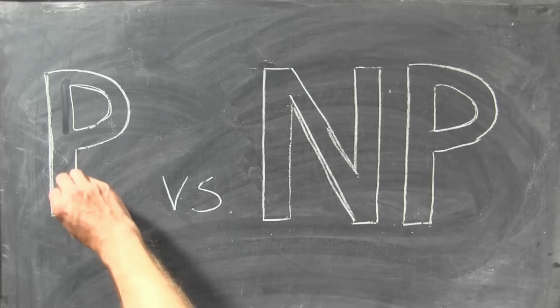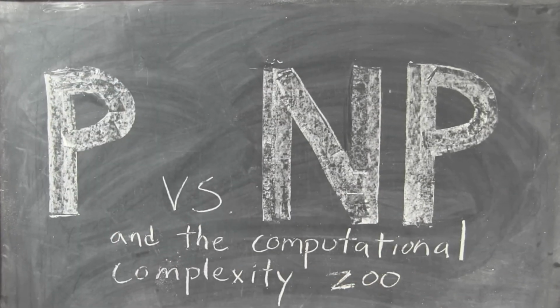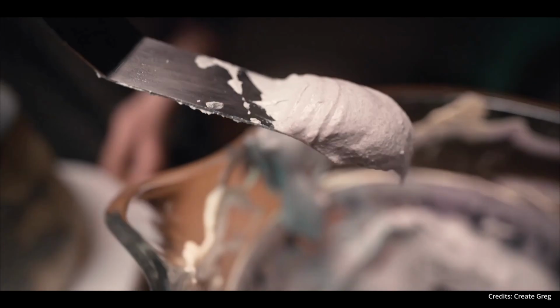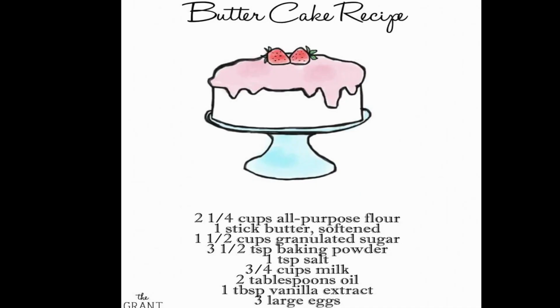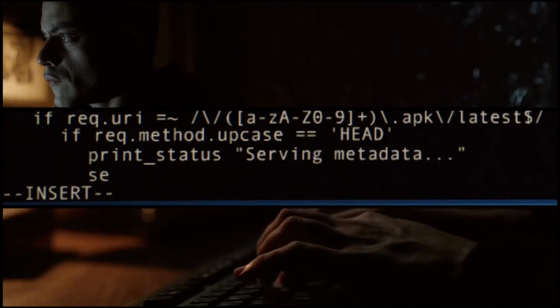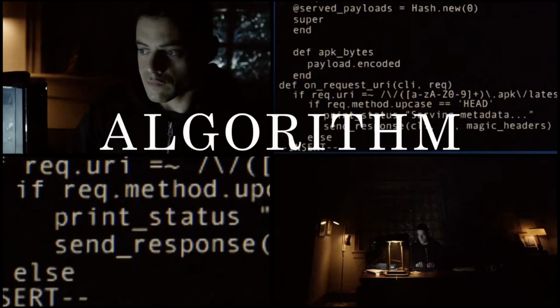Before we get into understanding P and NP time complexities, let's take a moment to understand algorithms. Let's take an analogy to understand this. When you bake a cake, the procedure of cooking it is called a recipe. Similarly, for computers, the procedure to solve any problem is called an algorithm.